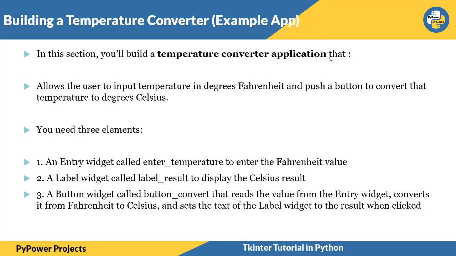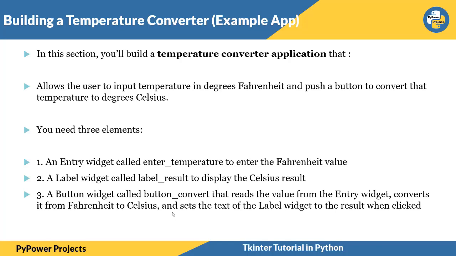An entry widget called enter temperature to enter the Fahrenheit value, a label widget where you can display the Celsius result, and a button widget that reads the value from the entry widget and converts it into Celsius. It sets the text of the label widget to the result when clicked.